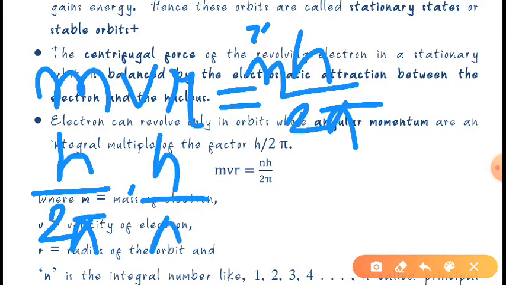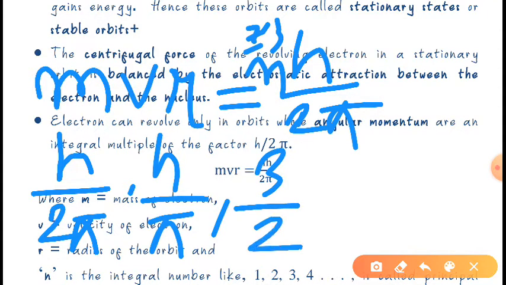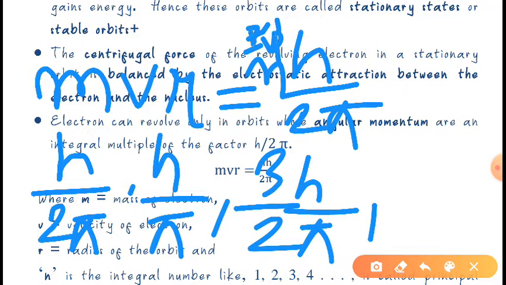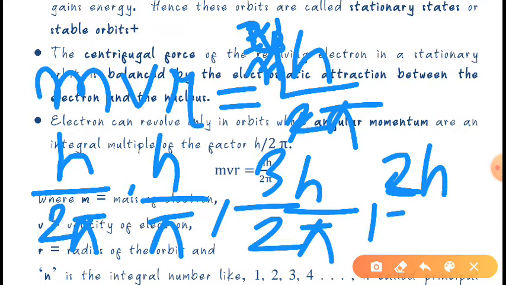It will be h by pi. Now in the same way, if we take n is equal to 3, then it will be 3h by 2 pi. If we take 4, then 4 by 2 is 2, so it will be 2h by pi. So for the first orbit h by 2 pi, for the second orbit h by pi, for the third orbit 3h by 2 pi, and after that the fourth orbit 2h by pi.